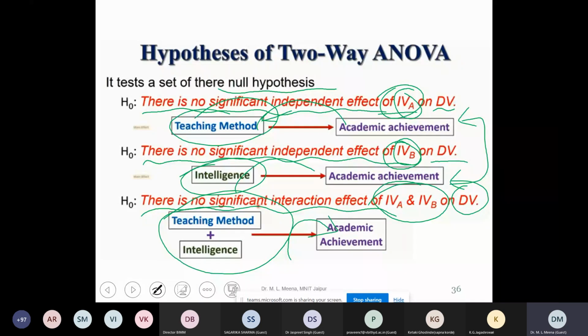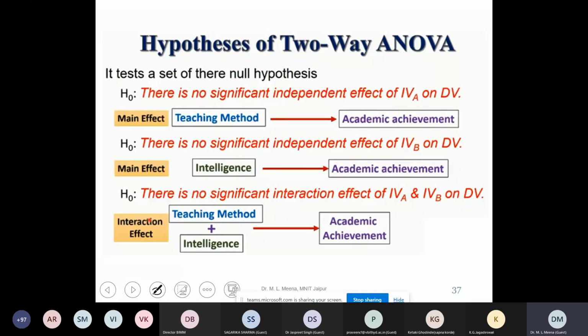So the two-way ANOVA prepares 3 hypotheses. The benefit of two-way ANOVA is that we find the main effects as well as the interaction effect. There is no facility for interaction in one-way ANOVA, so this is better as compared to one-way ANOVA.